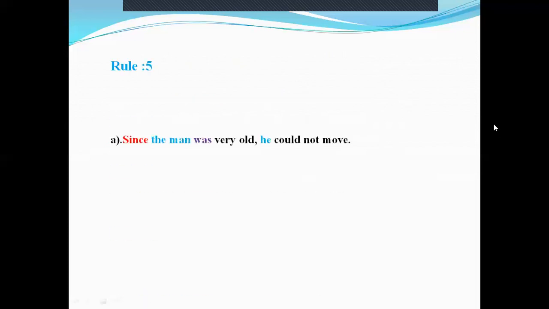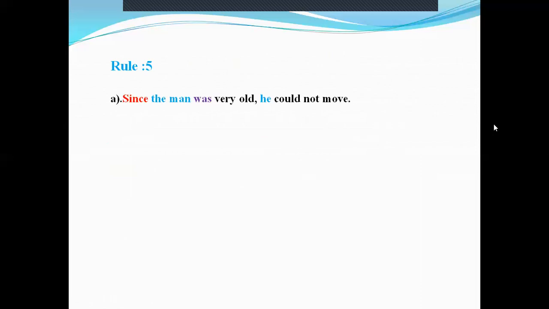Number 5, since the man was very old, he could not move. In this sentence, there is since, and the subject the man and he are the same, and there is a be verb, was. If you find such a structure, omit since first, and omit the subject, then write being.